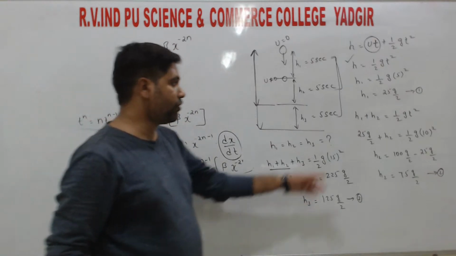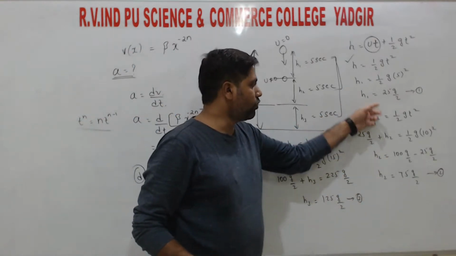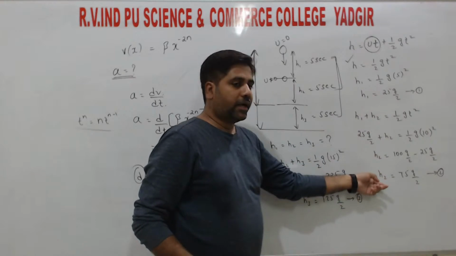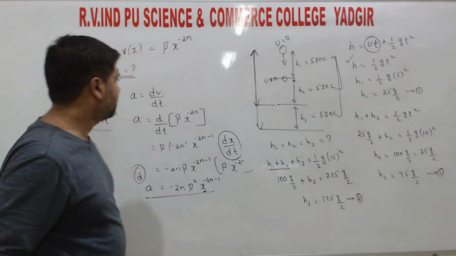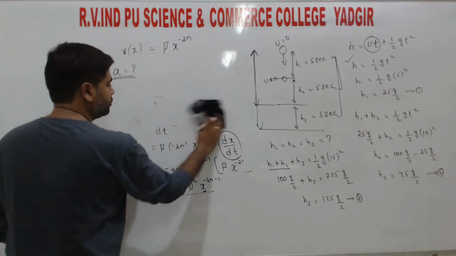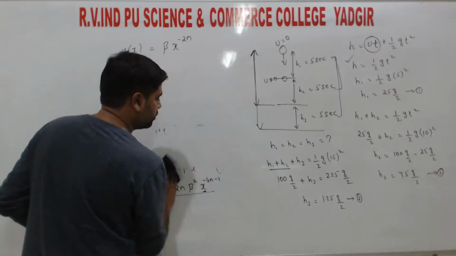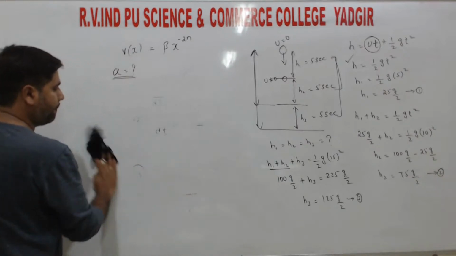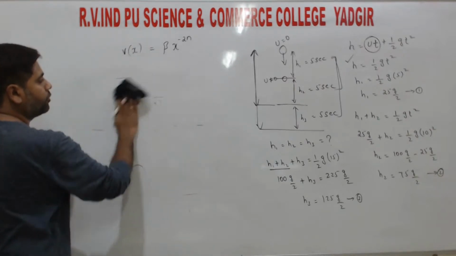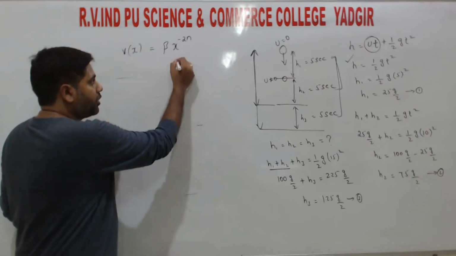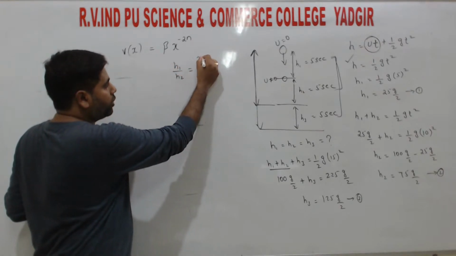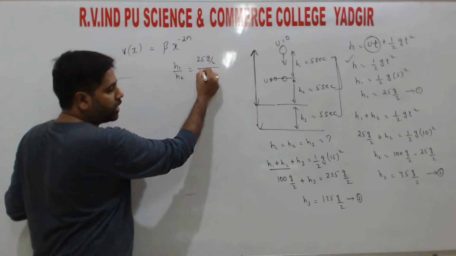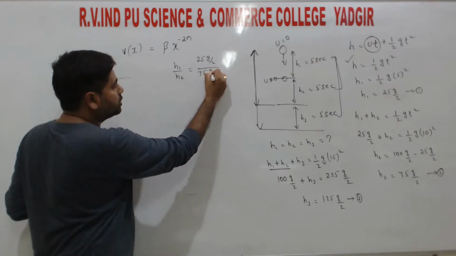So we need the relation for h1 and h2. If we divide h1 and h2, we get the relation. So divide equation 1 and 2: h1 by h2 is equal to 25g by 2 whole divided by 75g by 2.